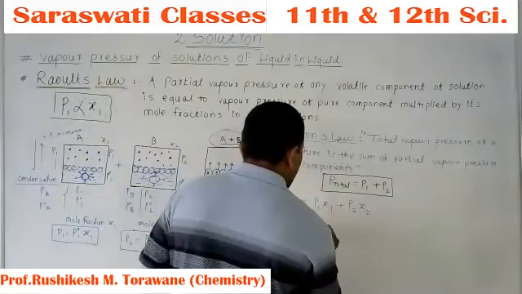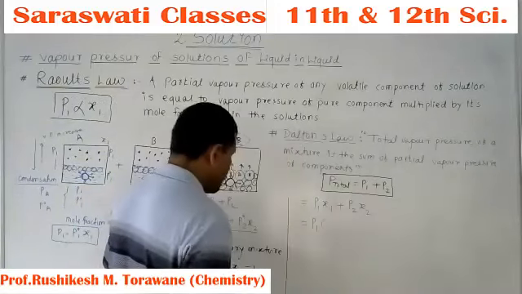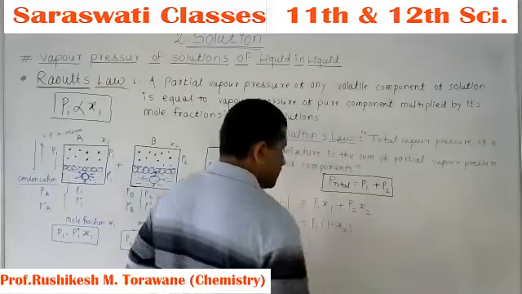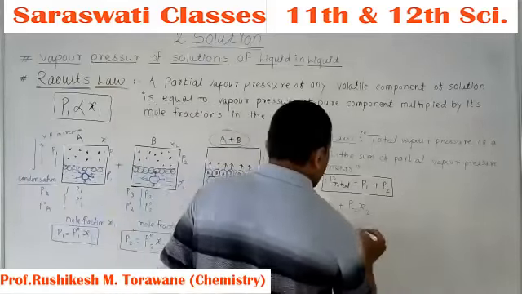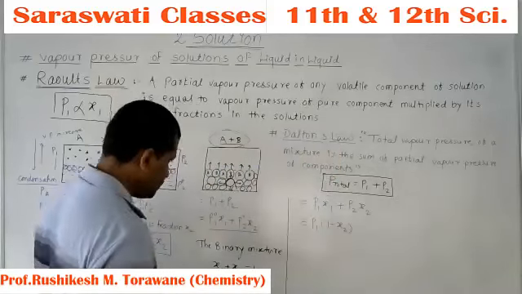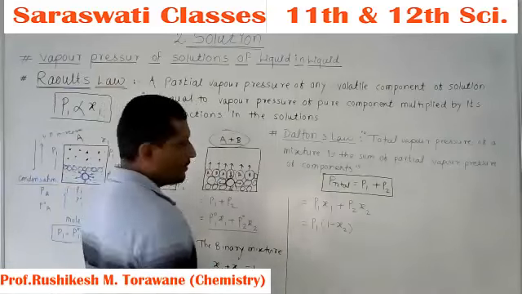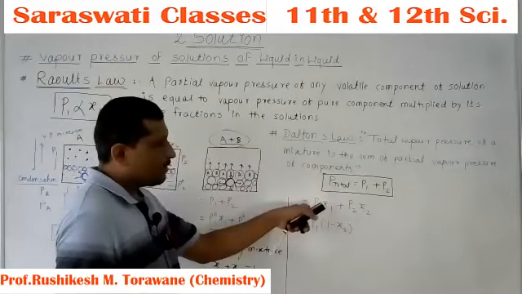So P1 in brackets 1 minus x2, put this value, and we can get a P0.